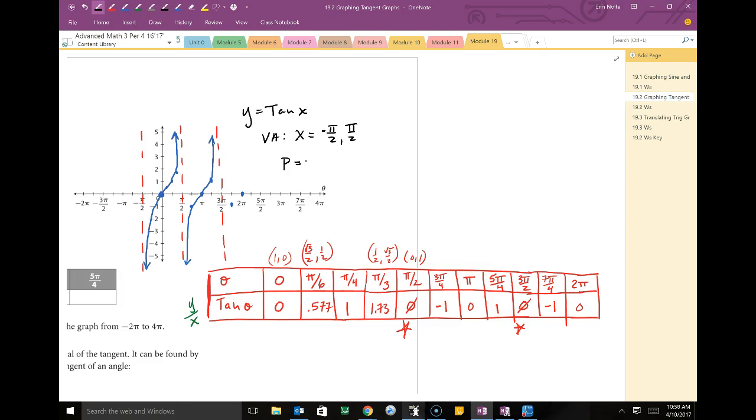Well, we only want to draw 1 John Travolta as a period. So the period for 1 John Travolta is pi over b. Okay, so it's half the distance of sine and cosine. So make sure you identify that piece right there. That is different than sine and cosine.